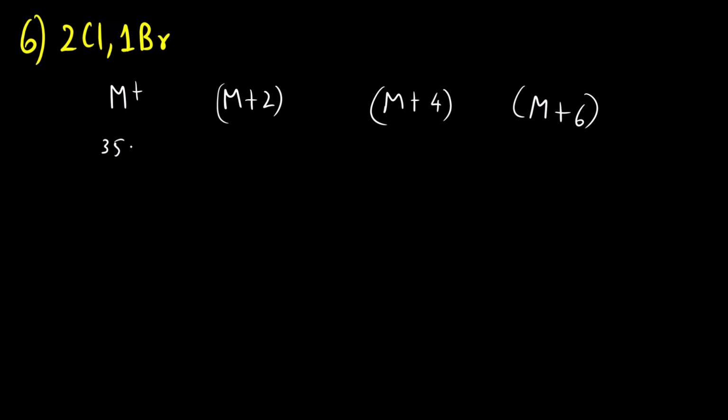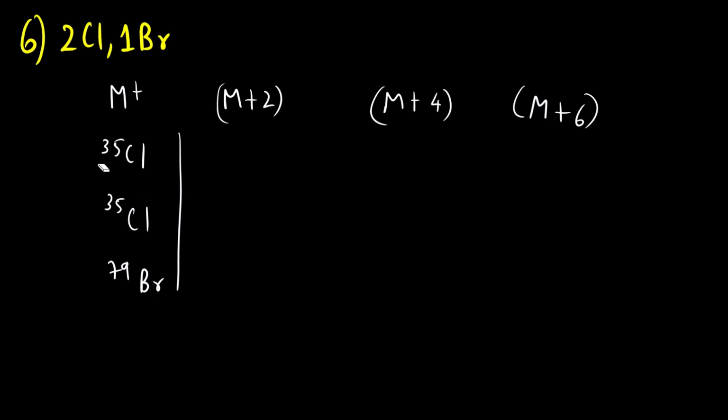2 Cl means 35 Cl, the lower value we will take because we want the M plus ion peak. 35 Cl and 79 Br. Now M plus 2, what can we do? We will get 3 possibilities. One at a time we can increase the mass of each of the 3 atoms.